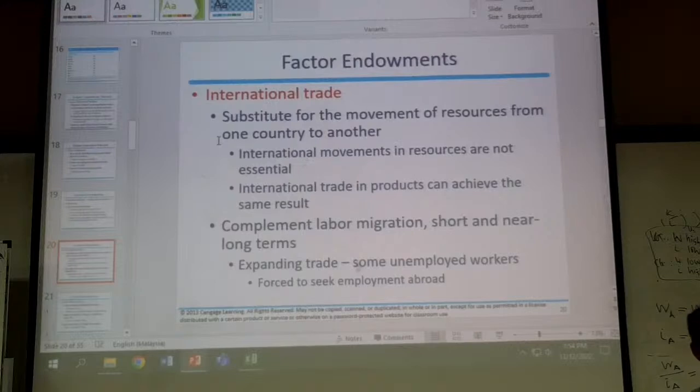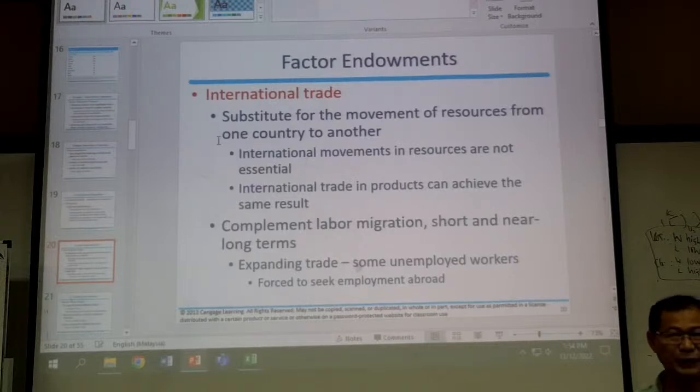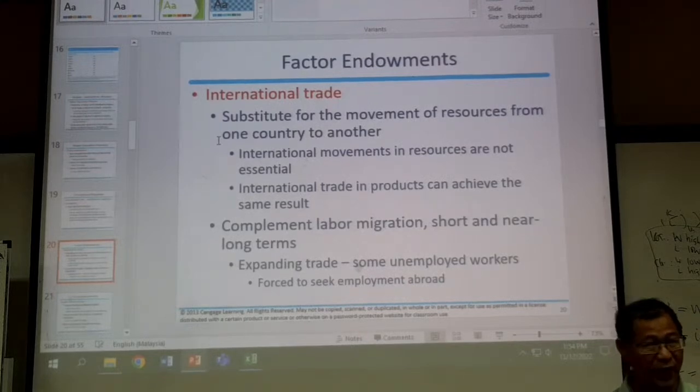So again, trade makes it possible. Movement of capital and movement of labor alone does not achieve the complete result. There must be free trade. So we want to maintain that. Free trade is good.